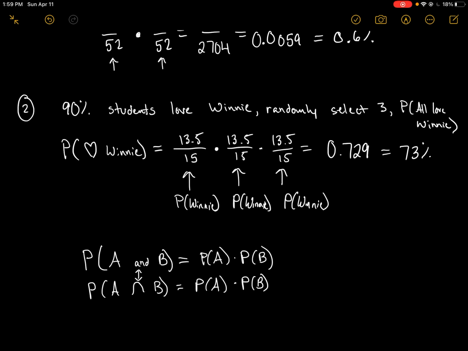So for all intents and purposes, you can use this formula. Again, that upside down U just means intersection. It means where we have both A and B together. So either way works.